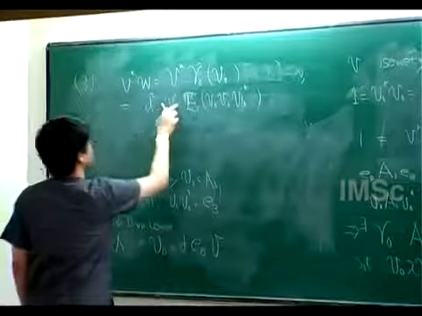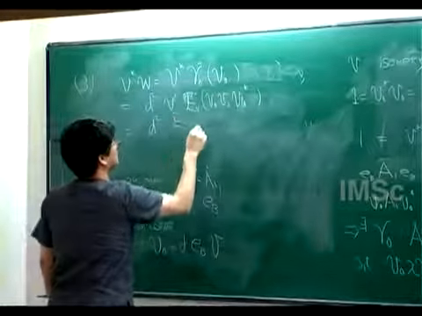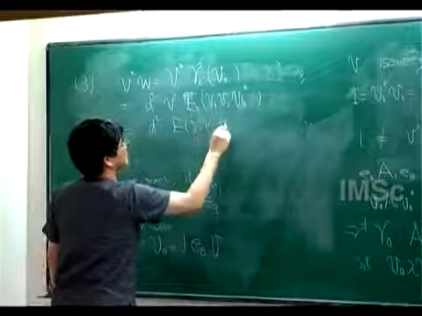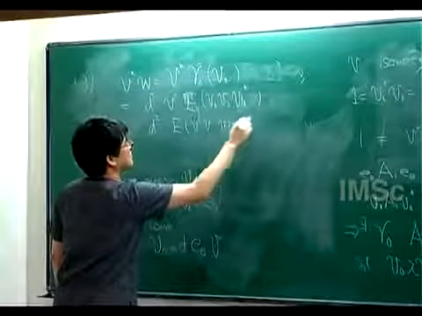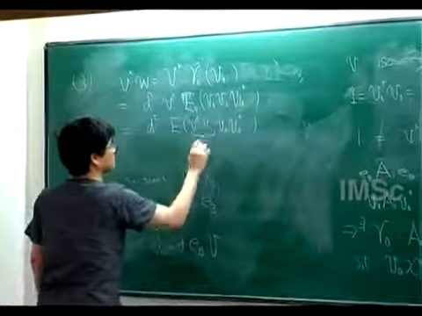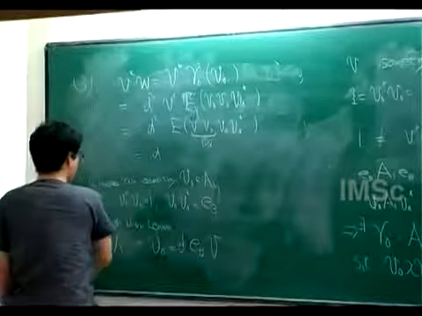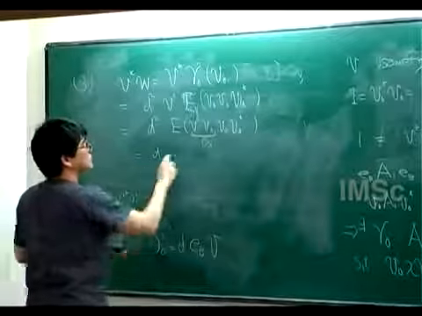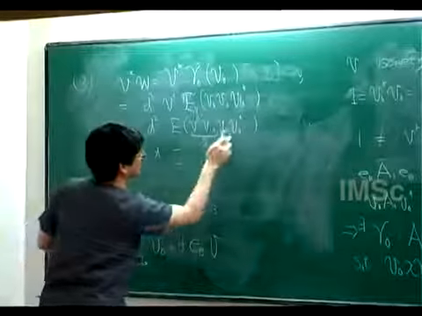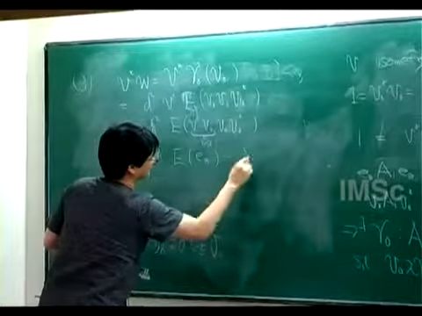So since V is in A, you can put V star here. So this is a scalar, 1 over D. So you get D times the remaining thing with just a Jones projection. So 1 over D.